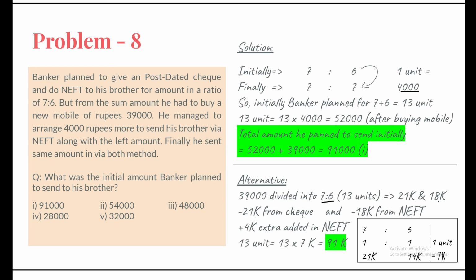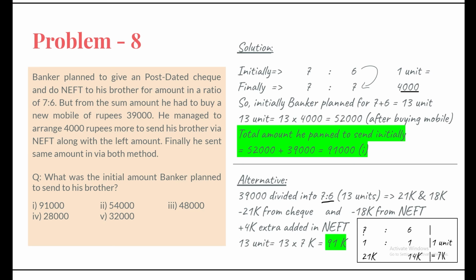So 21k was taken from the amount which was supposed to be in the post-dated check and 18k from the NEFT. So minus 21k from check and minus 18k from NEFT. Again 4k extra added in NEFT later, right? So later the NEFT became minus 14k.